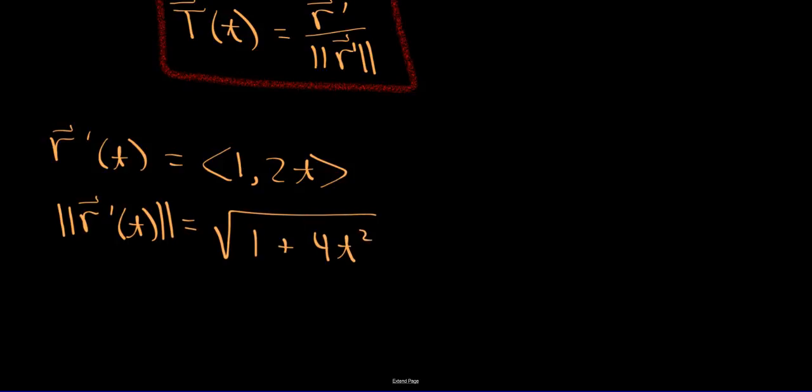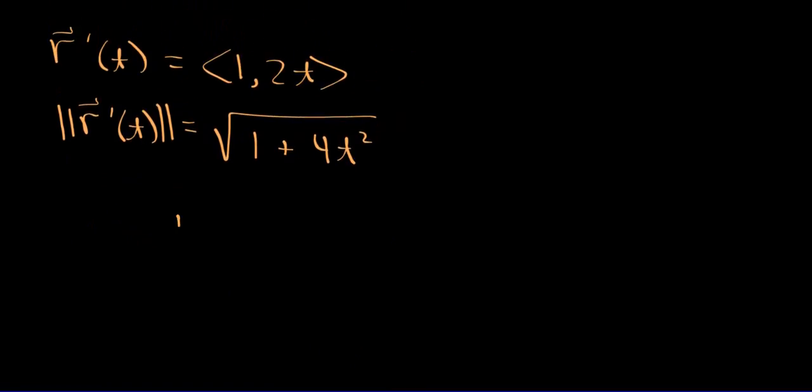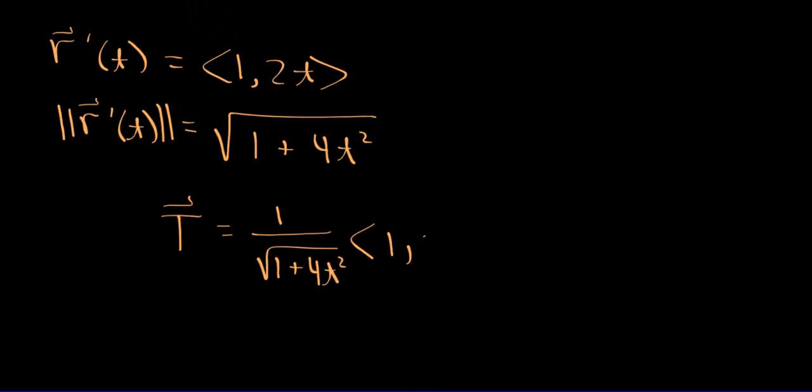That's the magnitude. So now at this point, if you're asked to show the unit tangent vector, this is what it is. This is the formula for it. T is equal to 1 over the square root of 1 plus 4t squared, times 1, 2t. So if you put in a 1 like before, you get exactly the same thing.